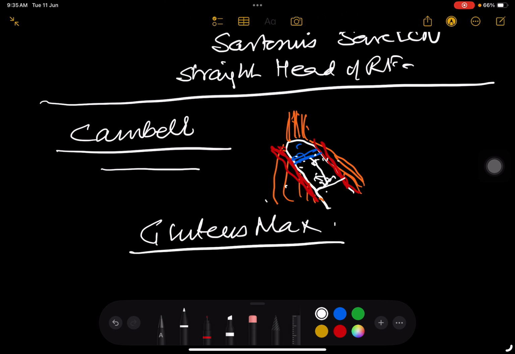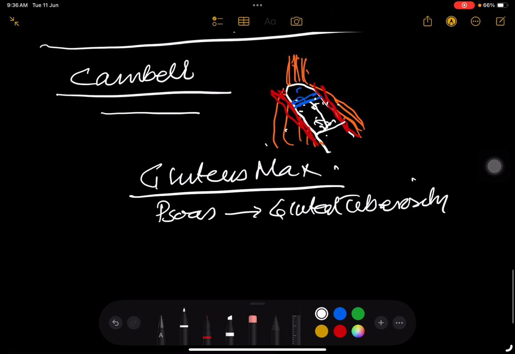Now this gluteus maximus will be restored when you remove the psoas from the lesser trochanter. Alright, make a hole in the ilium, take it back and stitch it to the gluteal tuberosity. So psoas to gluteal tuberosity. This operation goes by the name of Sharrard's operation.